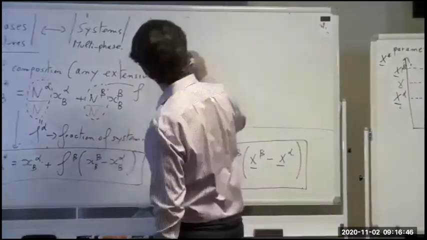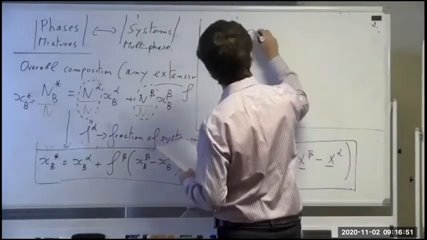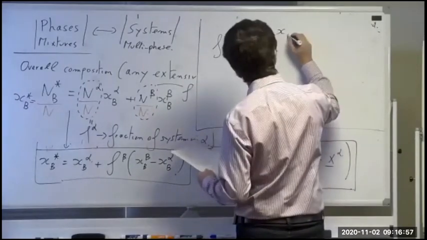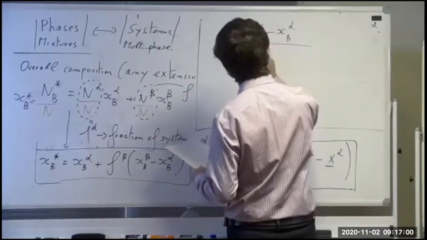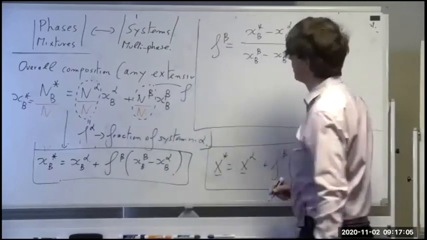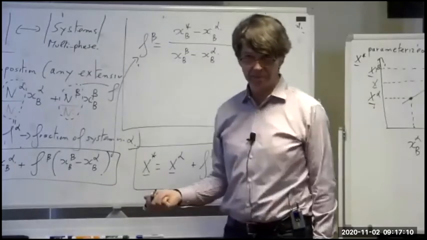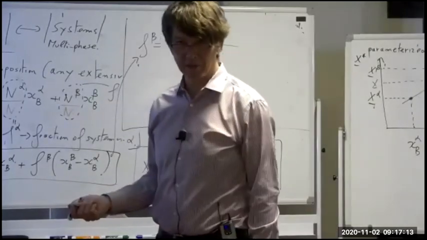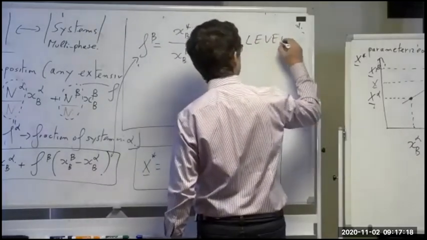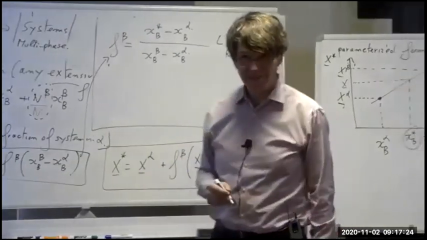So if you solve this for the fraction of beta, the fraction of beta is my overall composition, XB star minus XB alpha, divided by XB beta minus XB alpha. That's this here solved for f beta. And what is that? That's from kindergarten, right? This is called the lever rule. Is it really lever or lever?